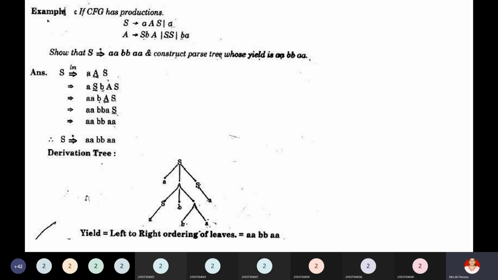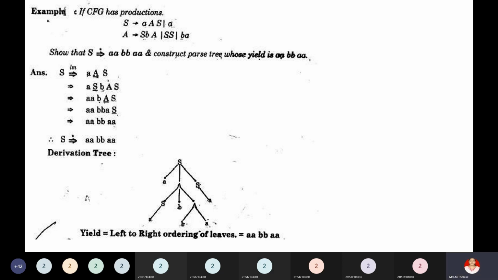Then what can you do? In the second step, you can identify that there are 3 non-terminals, but you have chosen leftmost derivation. So the leftmost S has to be chosen to be replaced by any of its production rules. Here this S is replaced by a.